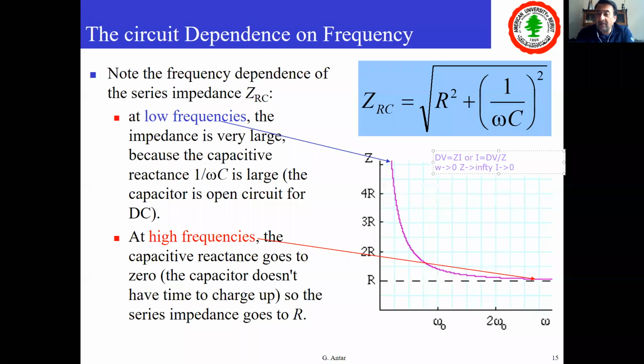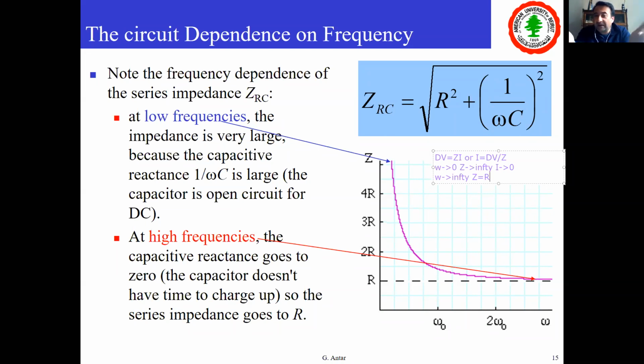Okay. Now, what happens when omega tends to infinity? When omega tends to infinity, 1 over omega tends to 0. So my Z is equal to R, basically as if I don't have a capacitor.